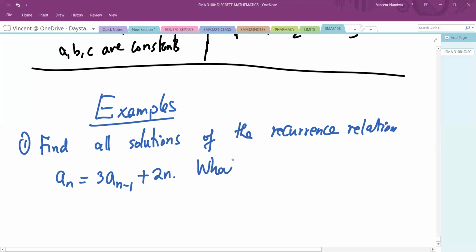Then what is the solution when a1 is equal to 3?